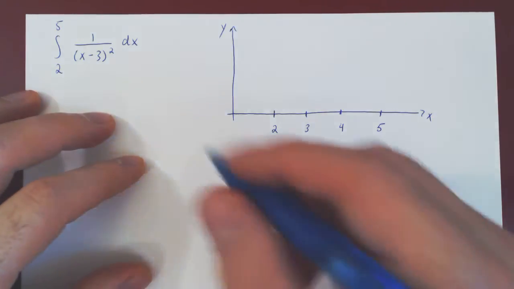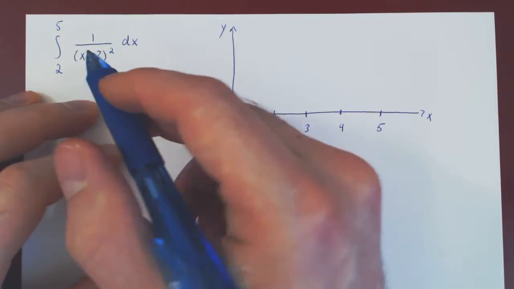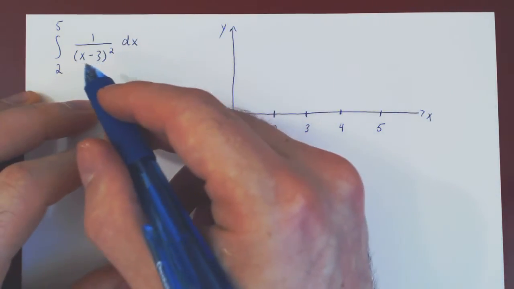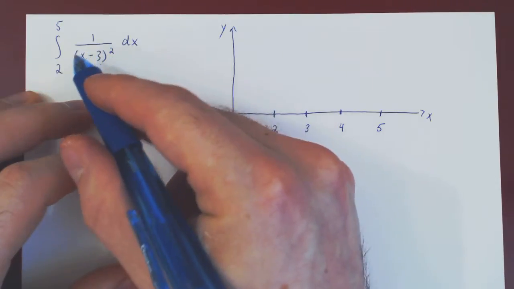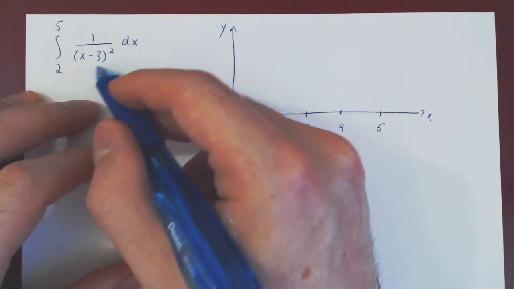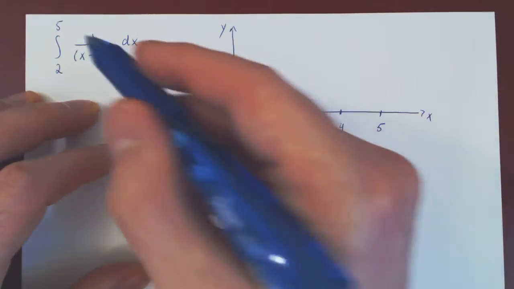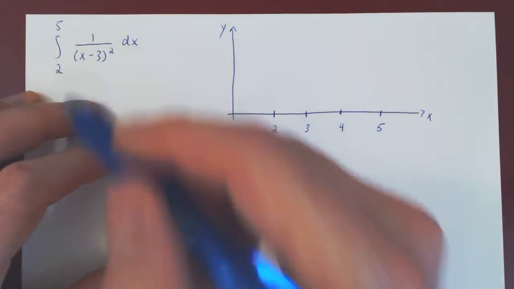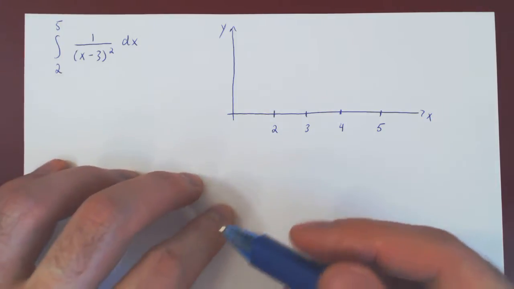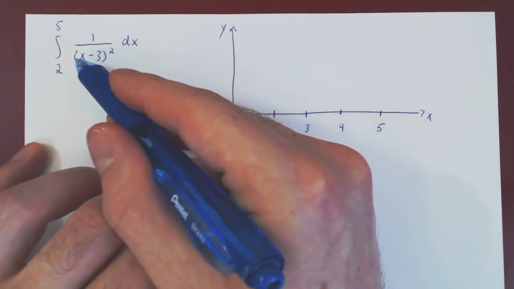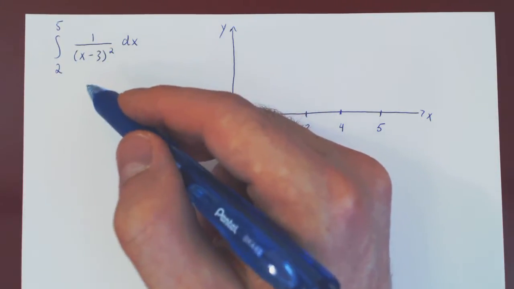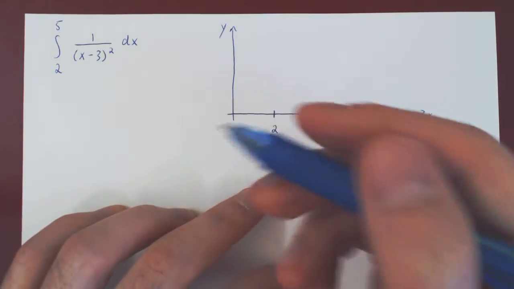Now, notice one simple observation: since we have (x minus 3) squared, this is always positive, and 1 over something positive is positive, so over the entire real line we have a function that is always positive. But when x equals 3, we have a 1 over positive 0 case, which will give us positive infinity.